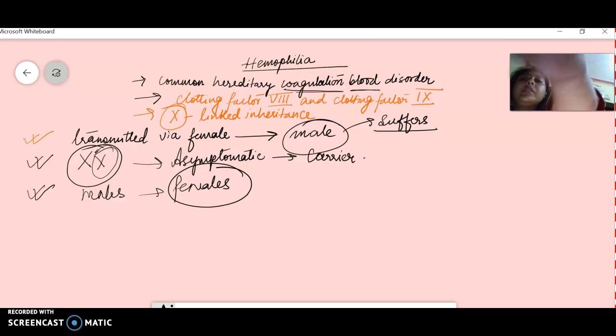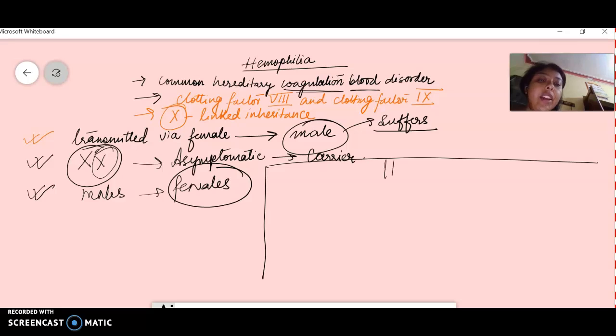Next, we will move on to the history of hemophilia. If you move on to the history, you know that it goes back to the 2nd century AD, when this particular disease actually came into being.